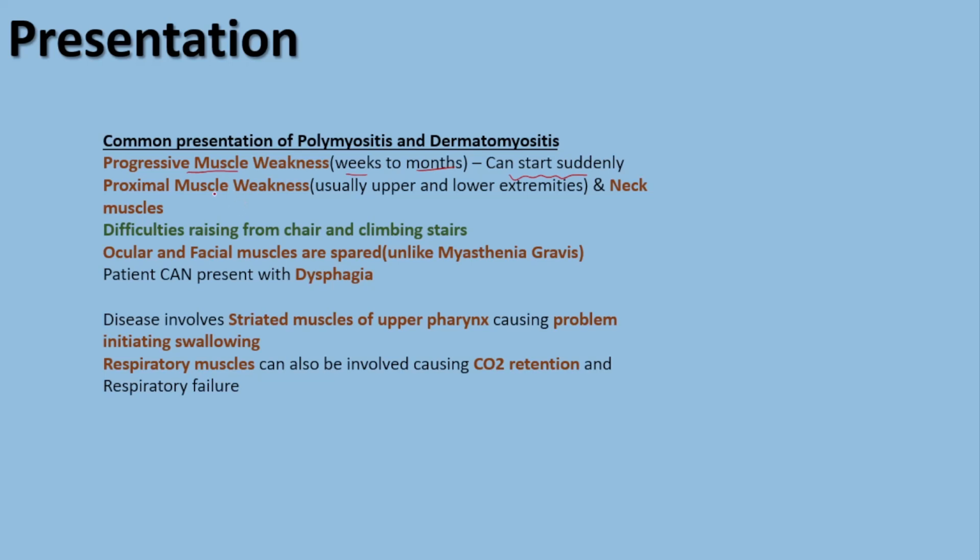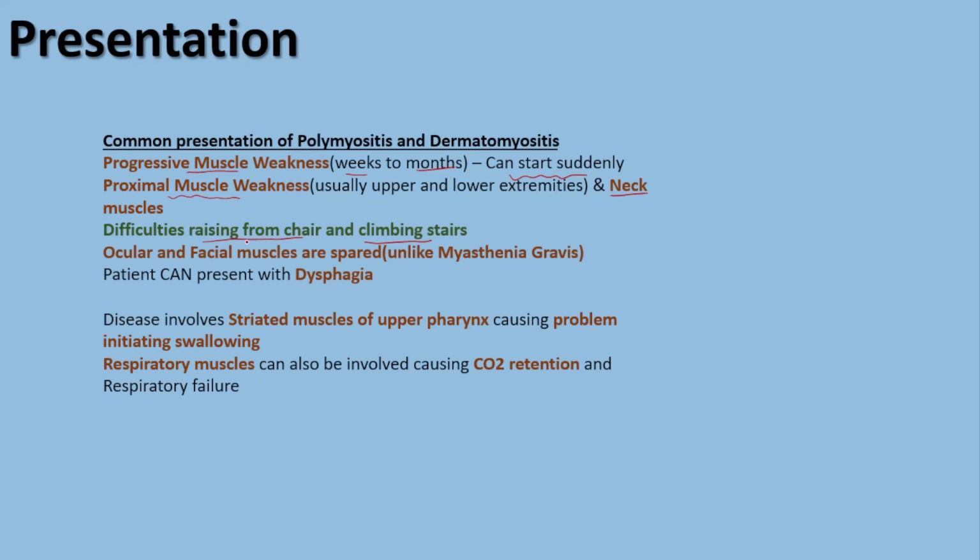Also note that the muscles involved in polymyositis and dermatomyositis are proximal muscles of the upper and lower extremity, and muscles of the neck can also be involved. This gives the patient a presentation with difficulties raising from a chair or climbing stairs.